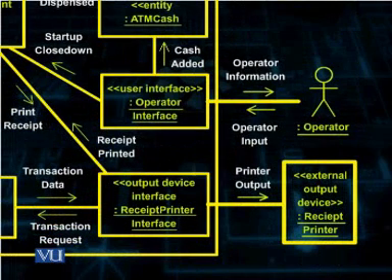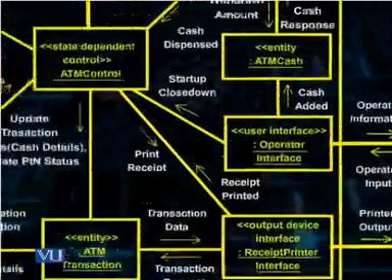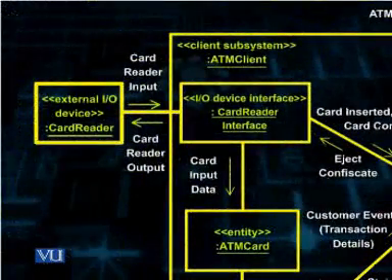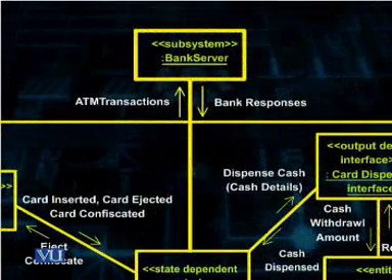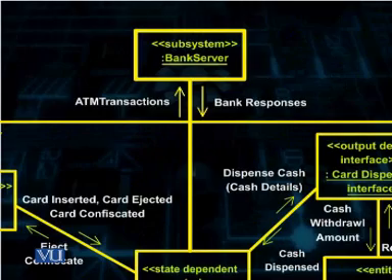I would also like to mention that for this particular subsystem, the external objects are the card reader, which is the physical I/O device, the actual device that reads the card. Then there is the bank server, which is itself a subsystem, and which we are not modeling for this exercise.